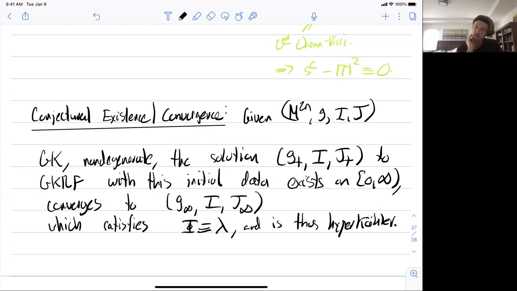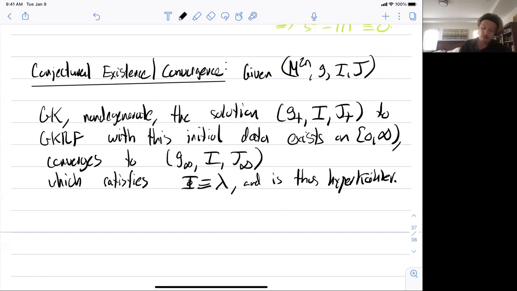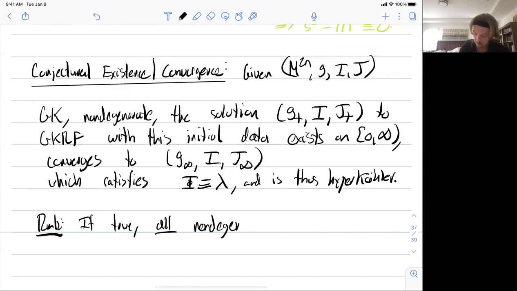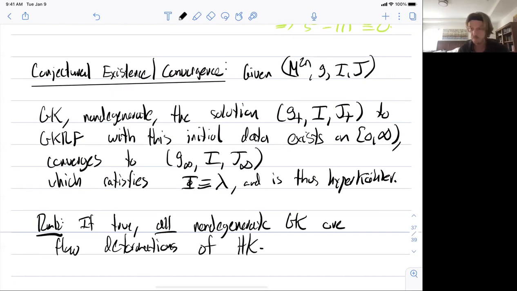So, at least from this PDE point of view, there's kind of no reason this shouldn't be true. But we note that if this is true, then it has a really strong consequence: if true, then all non-degenerate generalized Kähler structures are just flow deformations of hyperkähler ones.